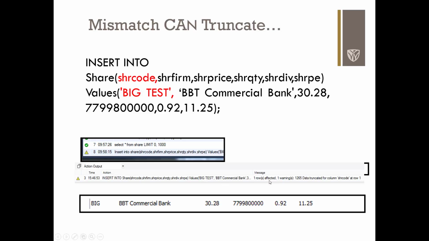It's going to say, one warning, data truncated for column share code. And sure enough, if I print out this record that has been added, you'll see that it has big, but it doesn't have the remaining part. So keep in mind that if you try to add data that is incorrect in terms of size, you'll probably get a warning. If it's incorrect in terms of the type of data, numeric versus character, you'll probably get an error message and it'll refuse to enter it for you.